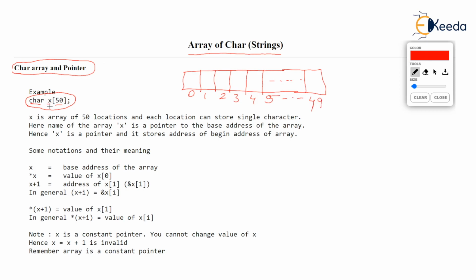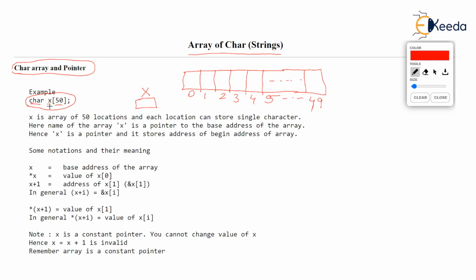But most importantly, you can see the name of the array is X. Now this name X, the name of the array itself, is a pointer, and this pointer X stores the address of the base of the array.